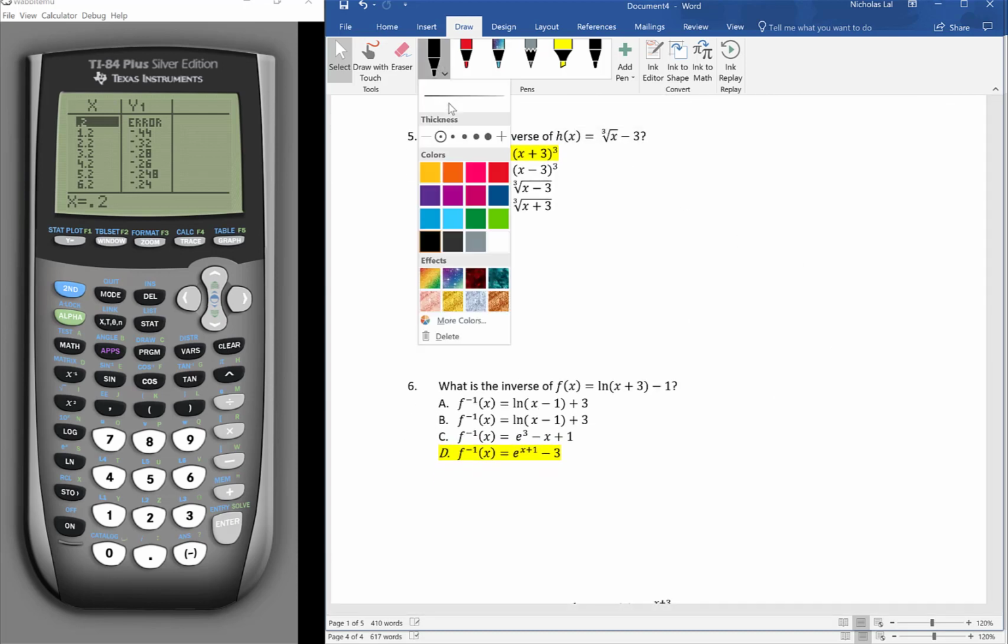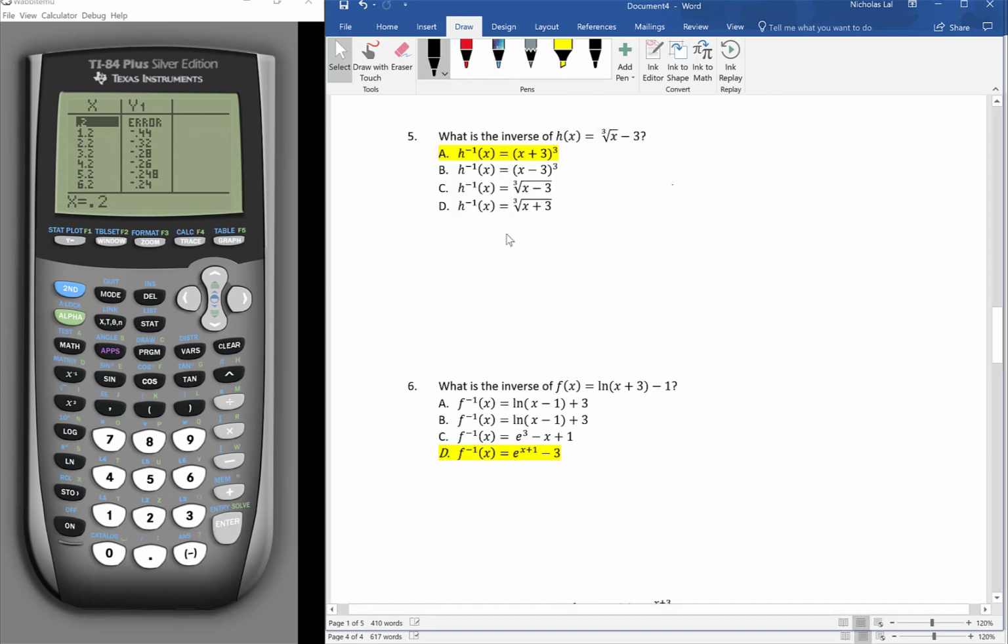What is the inverse of h of x is equal to the cube root of x minus 3? Well, h to the negative 1 of x is equal to x plus 3 cubed. So that's the answer. Let's see how we get it. X is equal to the cube root of y minus 3. Add 3.